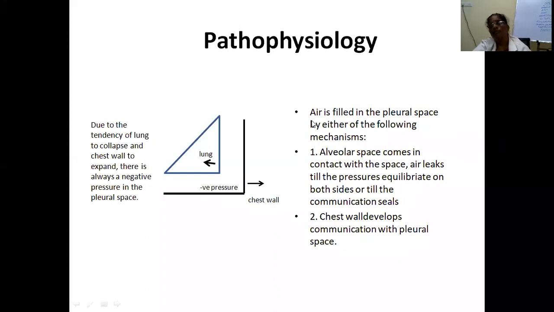Air fills the pleural space either because of rupture of the alveolar space, communication of the alveolar space into the pleural cavity, or communication developing in the chest wall into the pleural cavity. In either way, the air can enter the pleural space and cause pneumothorax.